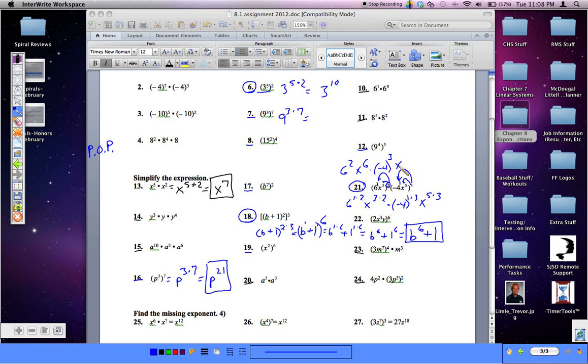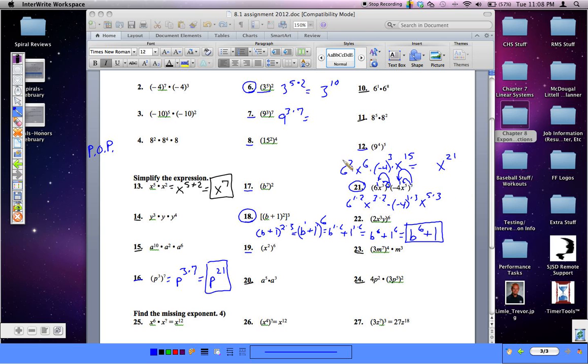And then x to the 15th, because 5 times 3 is 15. Now, since all of these are being multiplied, that takes me back to my power of a power just like I was doing before. So I have 6 x's multiplying with 15 x's. That makes a total of 21 x's.